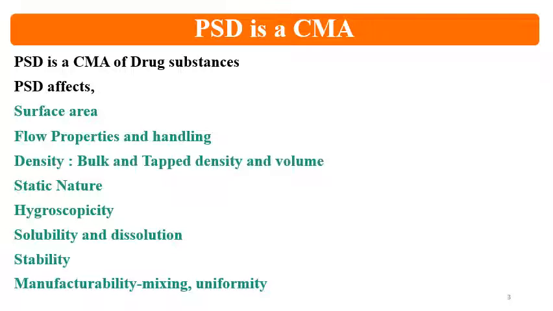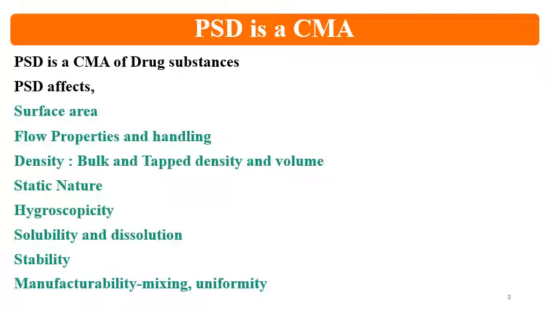PSD also affects density, both bulk density and tap density, and also the volume. It also has an impact on the static nature. Sometimes the API becomes static in nature, it does not have good flow and it is difficult to handle.